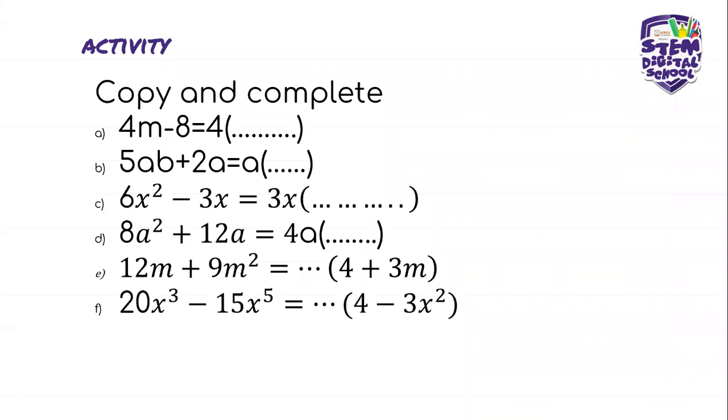So if you take out 4 as a common factor, as it's happening here, what will be left in the bracket? So you have m minus 2. Tando also has m minus 2. So 4 open bracket m minus 2. That will be the expression.